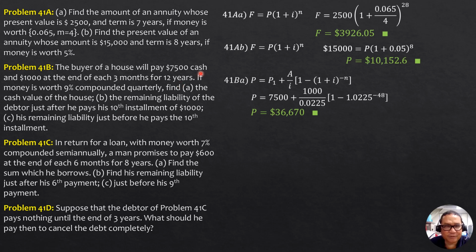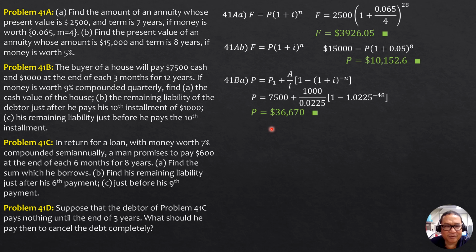And that 11 to 48 payments is the value at this 10th installment. So I'll call that F10.